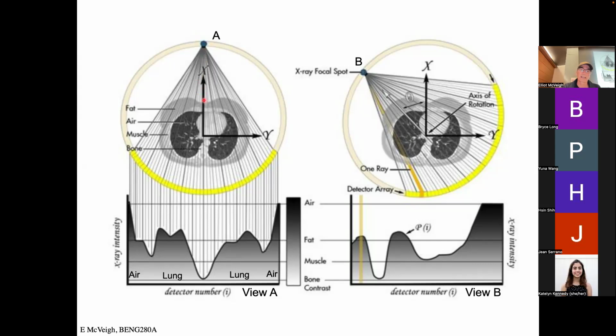The reason for that is they hit the sternum, which is bone. They hit the heart, which might have contrast in it, so it would take out even more X-rays. Then they hit the aorta, which also has contrast in it. Then they hit the spine, which is bone. So there's a lot of ways for that X-ray to get absorbed. So when you look at it, not many get through on that trajectory.